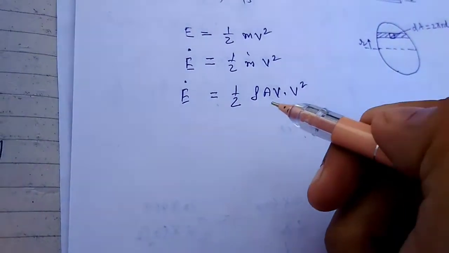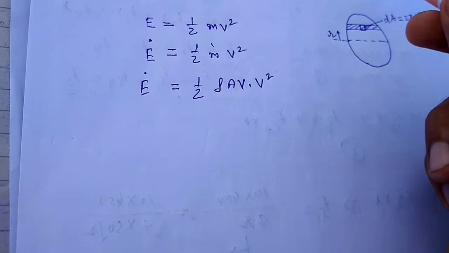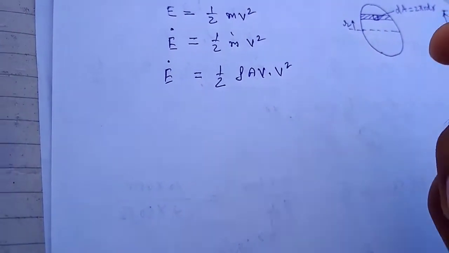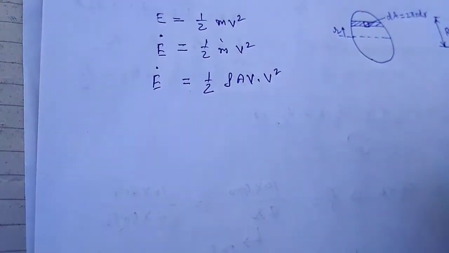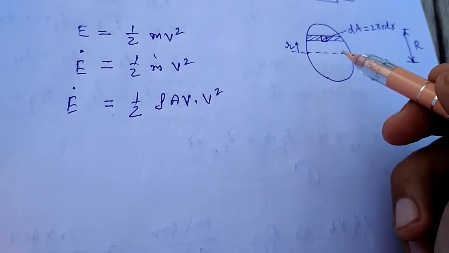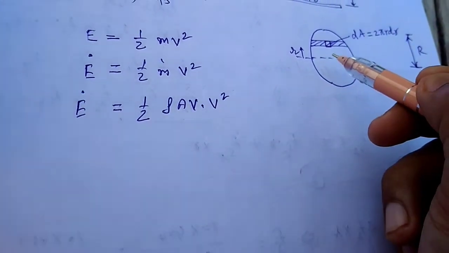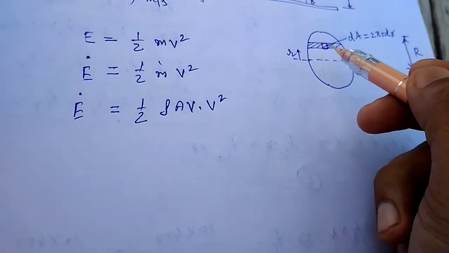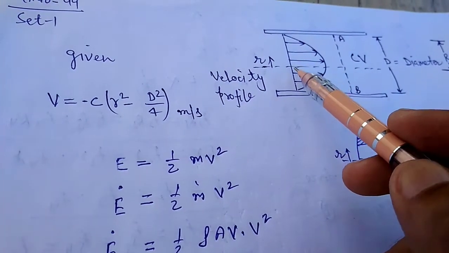We have to calculate the rate of kinetic energy in the control surface AB. Firstly we will calculate the rate of kinetic energy of an elemental area dA, because the fluid particles are flowing in this direction and also in this direction.